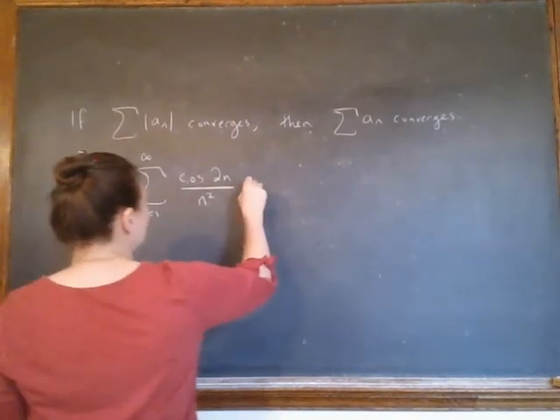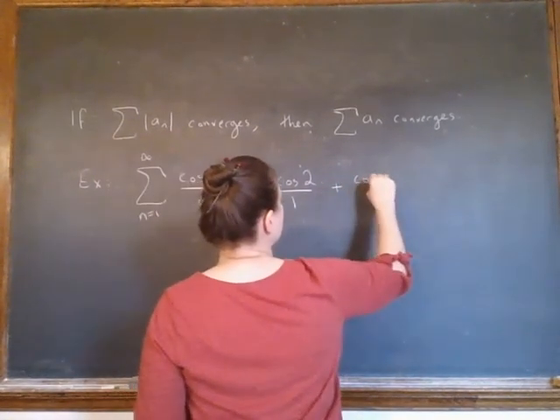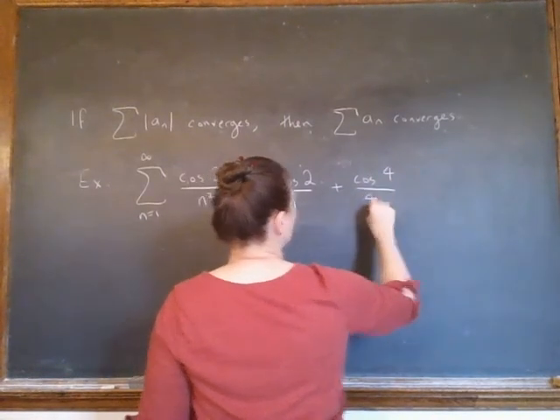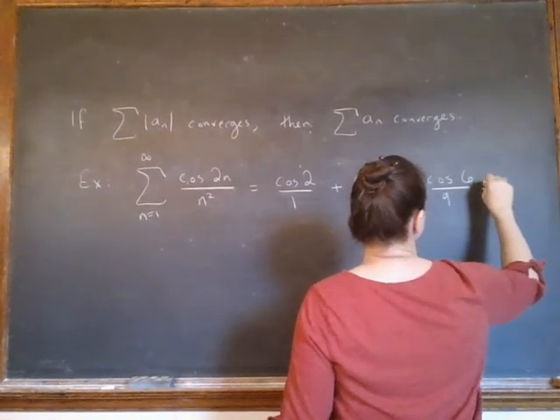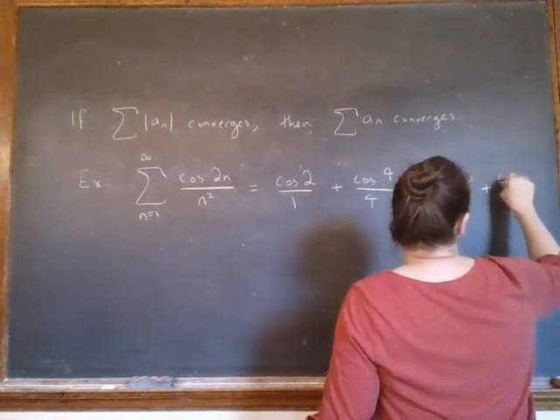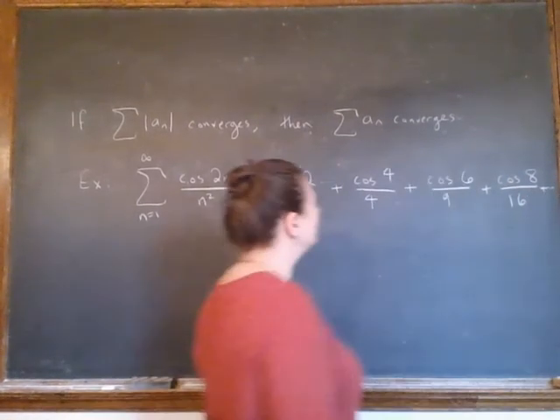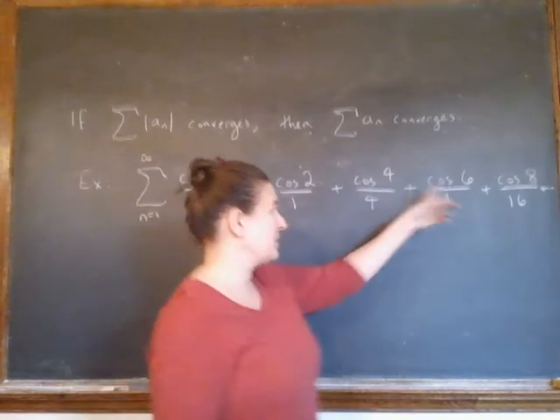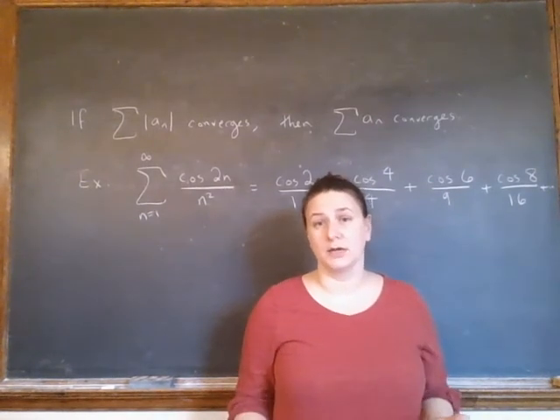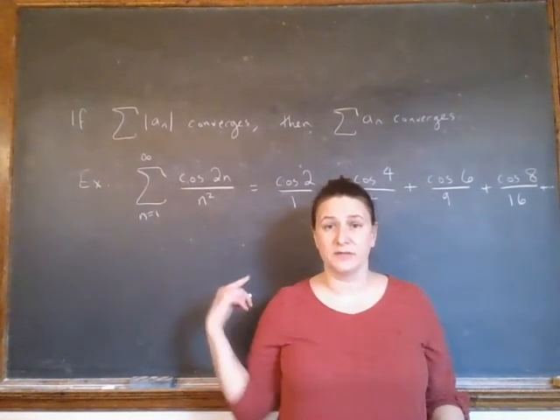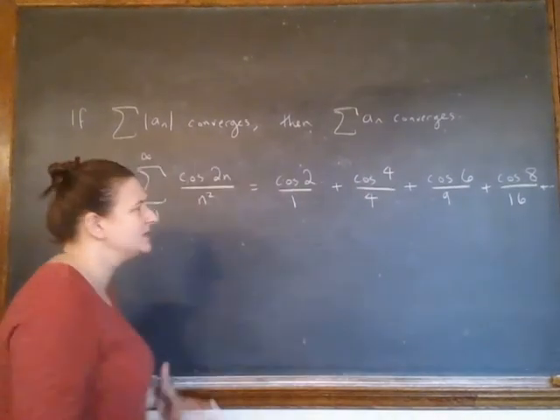So if I write this out, I get this, plus whatever. Okay? But if I work out these numbers, cosine 2, cosine 4, cosine 8, some of them are positive, some of them are negative, and you don't really know. It's not going to alternate. So we can't use the alternating series test for this because it may be positive, positive, positive, negative, negative, negative, whatever. Whatever it is, it's not alternating.